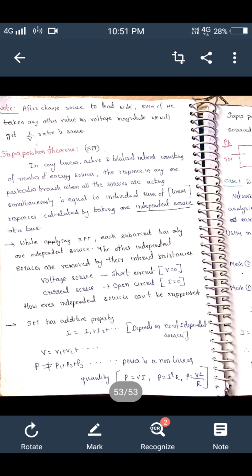As the theorem statement says, in a linear bilateral network, the response in any one particular branch when all the sources are acting simultaneously is equal to the linear sum of individual responses calculated by considering one independent source at a time. Remember, while applying or verifying this theorem, we have to consider only independent sources.